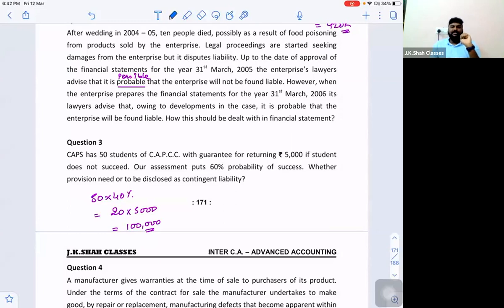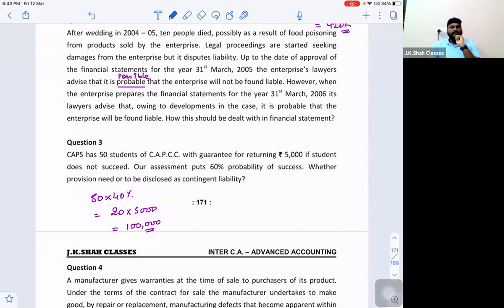That means it is a possible obligation, not a probable obligation. So individually, there is no need to create a provision, just show it as a contingent liability. That is the first situation.